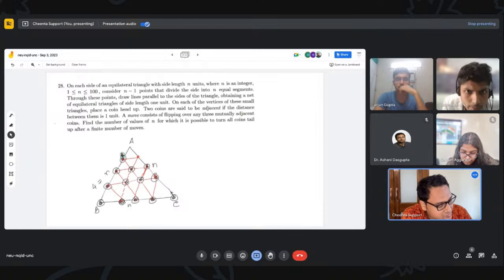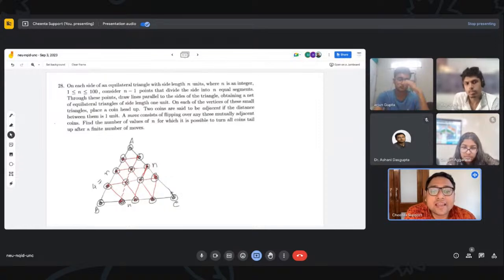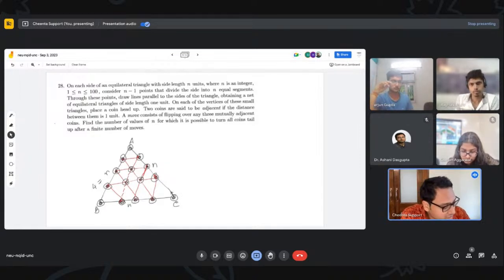I think the vertices of the main triangle are also vertices of the small triangles, right? So that should be there. A move consists of flipping over any three mutually adjacent points. So you have any three, you can flip over these three maybe. It's possible.